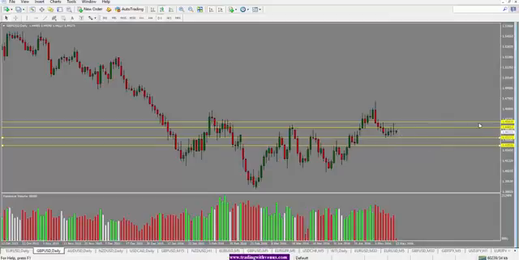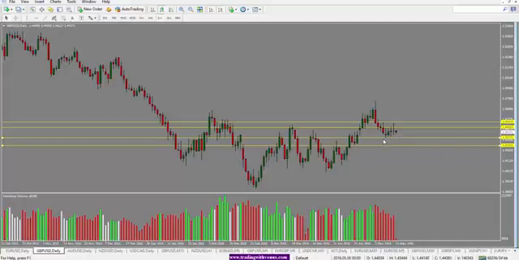Now, if we see the price come up to test the high here, the 1.4540 or 1.4550 level, we are looking for price to pull back off of that level and go back towards the middle of the range or towards the bottom of the range. And if the price comes towards the bottom of the range here at 1.4380, we're looking for price to push off of there, and that would be a buy level.